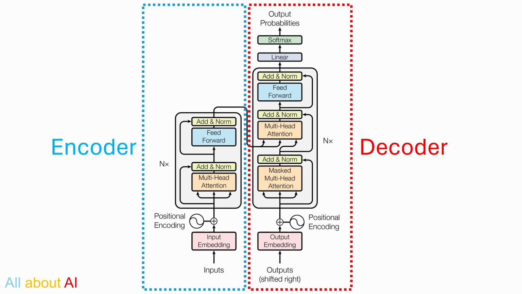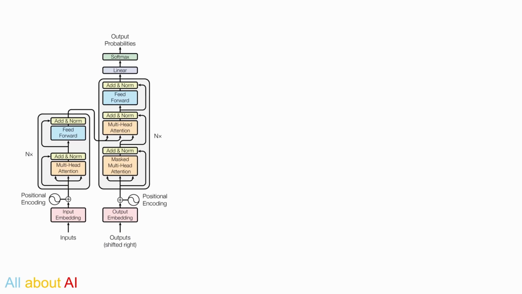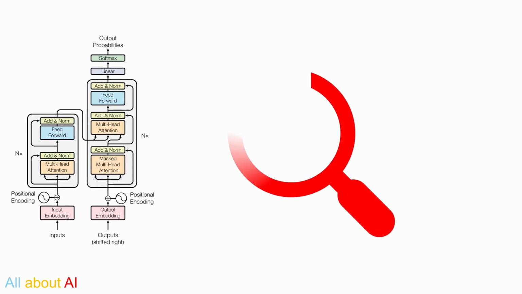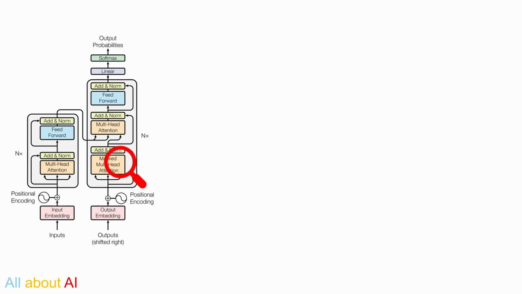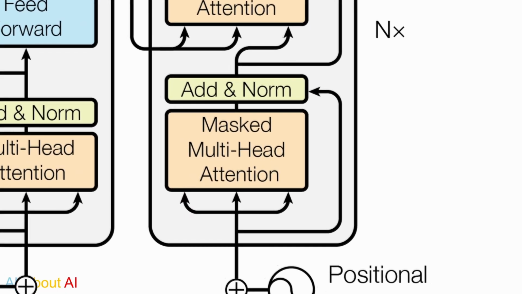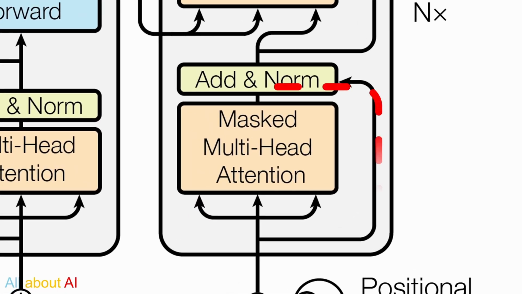We'll go into detail about this architecture in an upcoming lesson. At a high level, since we are focusing on LLMs, we'll put our focus mainly on this masked multi-head attention.